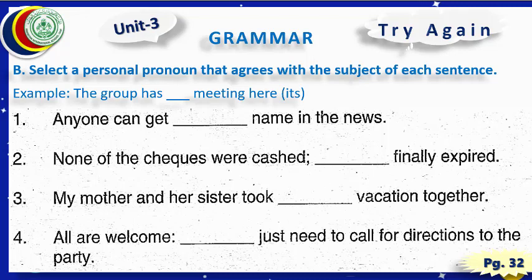This is the next exercise, that is exercise B. Let us read the instructions and try to understand what we are asked to do. Select a personal pronoun that agrees with the subject of each sentence. We are asked to write here a personal pronoun that agrees with the subject of the sentence.